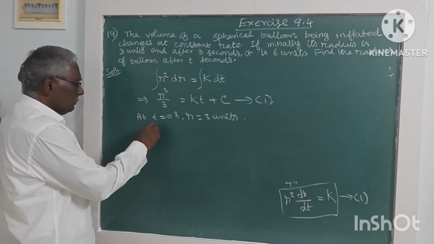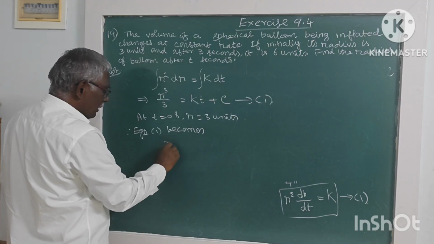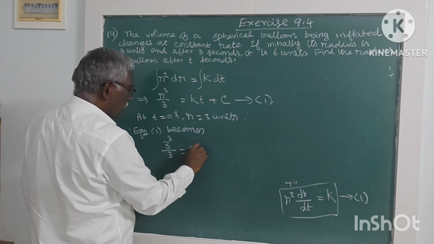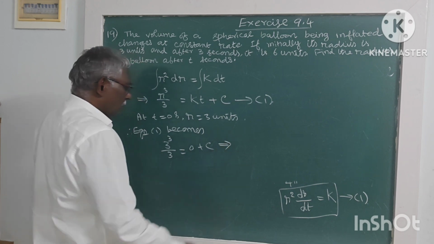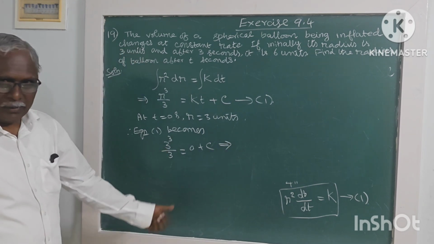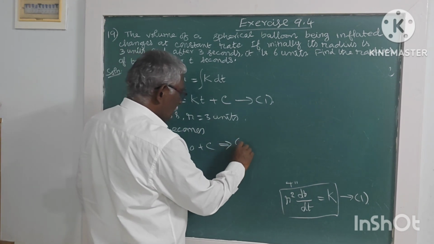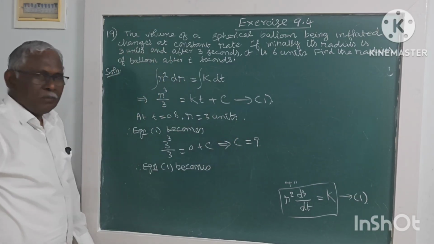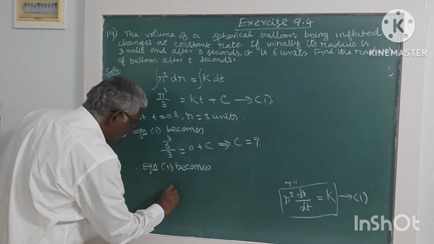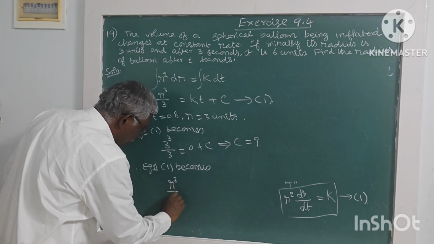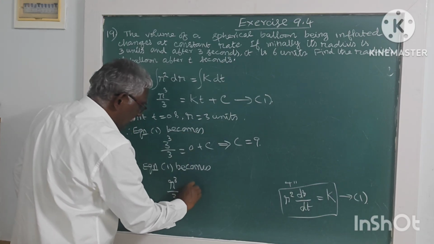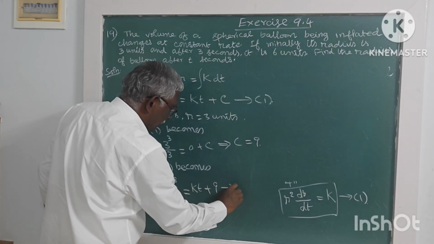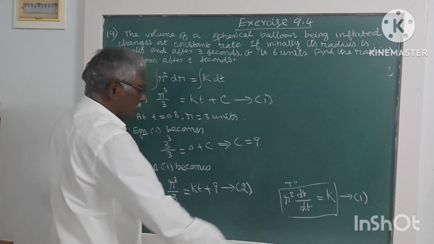We get 3 cube by 3 is equal to K times 0 plus C. So 3 square, so C is equal to 9. Therefore equation 1 becomes r cube by 3 is equal to K t plus 9. We call this equation 2.